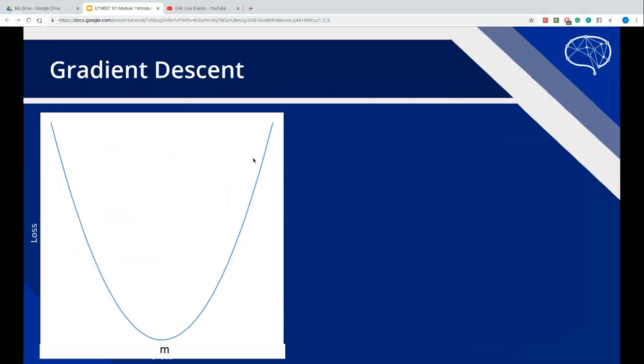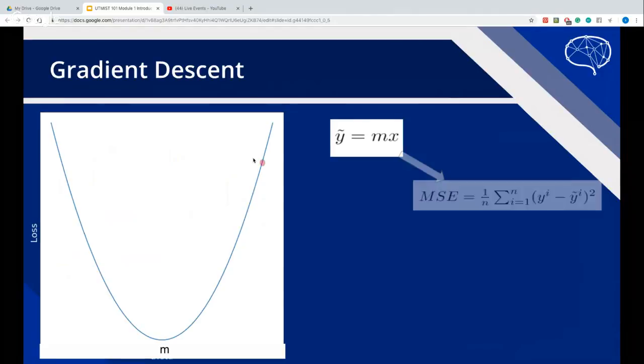So the first step is we randomly initialize our weight, our parameter, in this case m, and then we calculate the predicted y. Once we have the predicted y, we calculate the MSE. The MSE is the little red dot here.